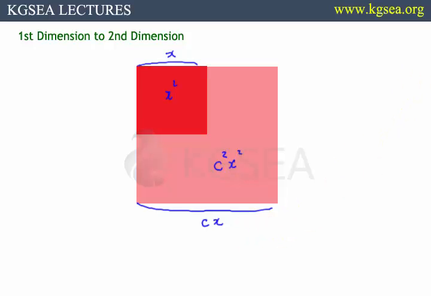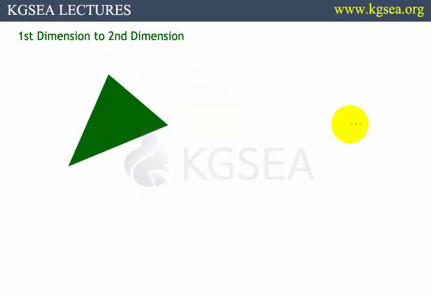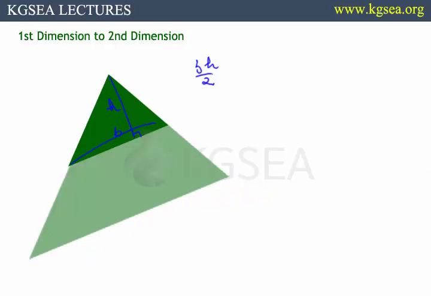Well, it's not so obvious once you get to some other shapes, such as triangles. Suppose I told you the base was B and height was H. What would be the area of this triangle? It would be base times height divided by 2. Now let me extend the height twice and base twice and come up with a triangle like that.